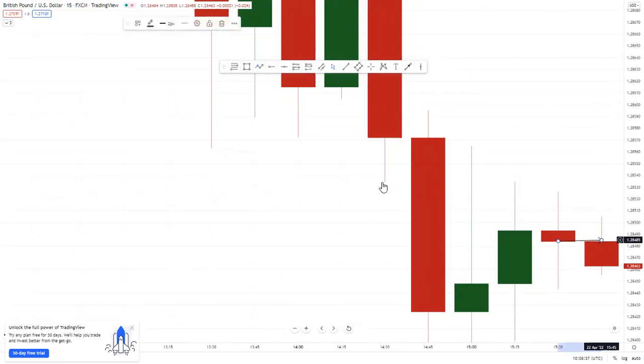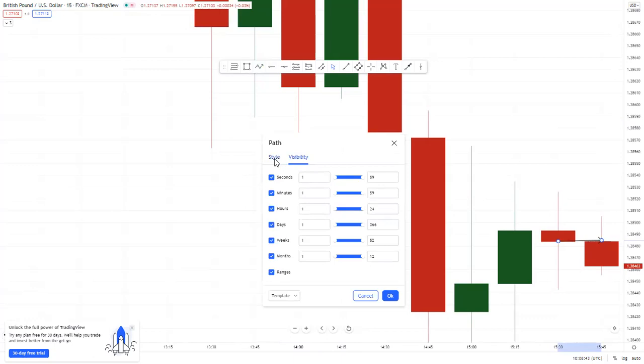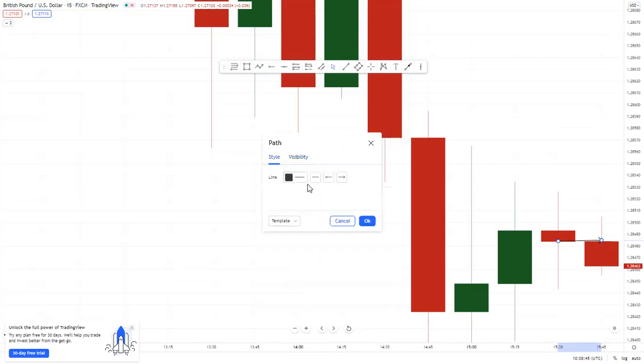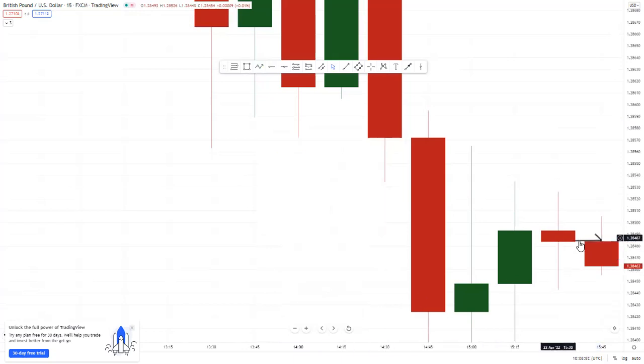I'll make it bigger. You see the open of this candlestick is here, right?